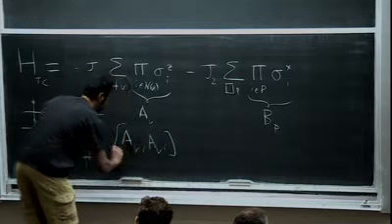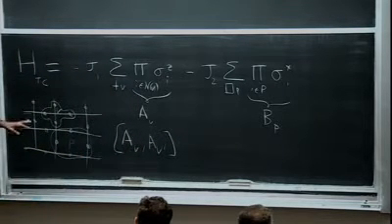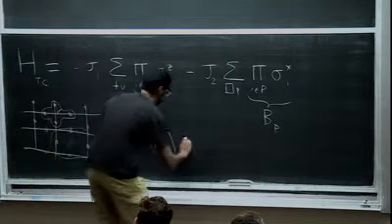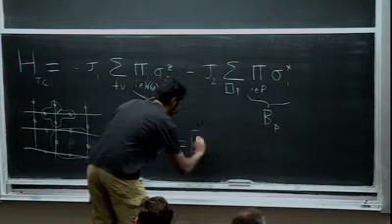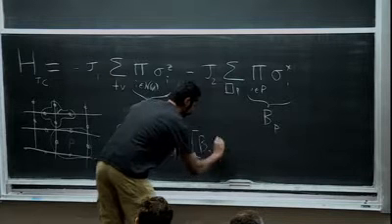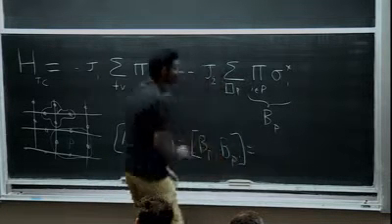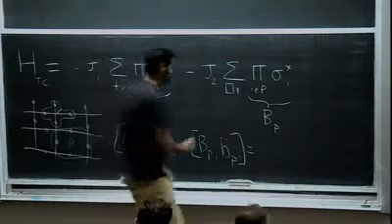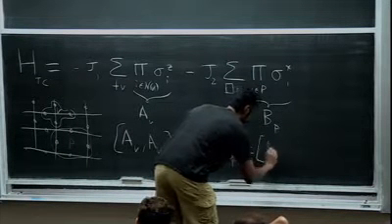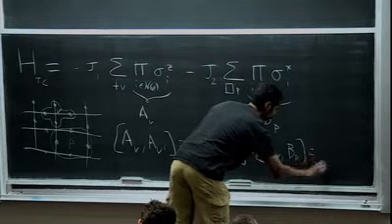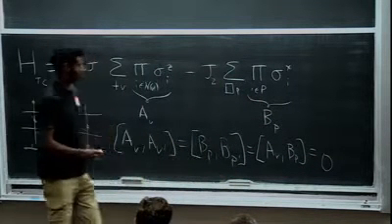Any 2 vertex terms commute because they all involve sigma z's, and sigma z's all commute. Any 2 plaquette terms also commute. And moreover, any vertex and any plaquette term also commute. So these commutators are all equal to 0.